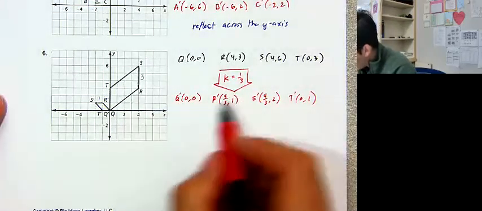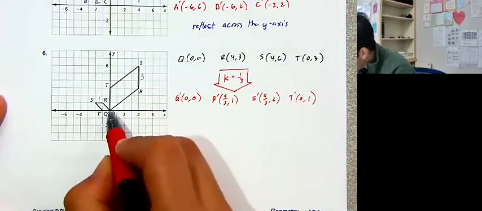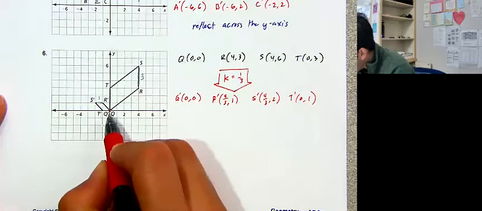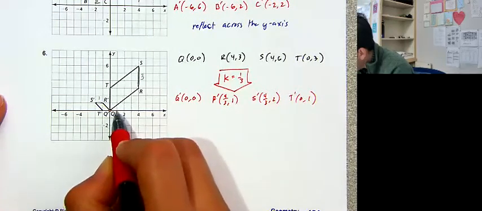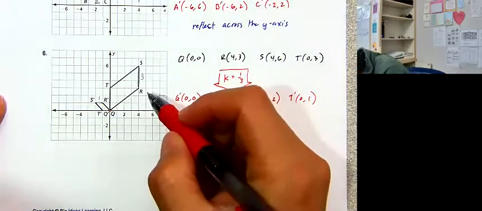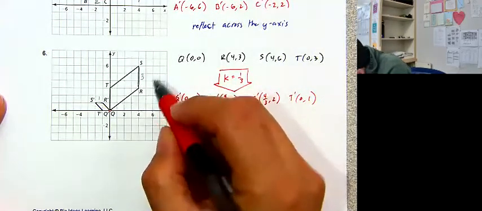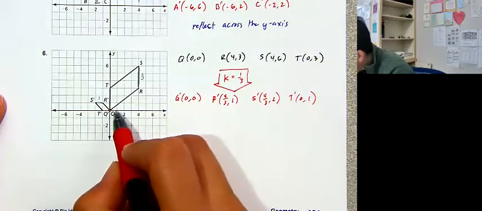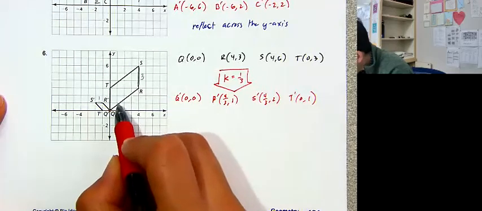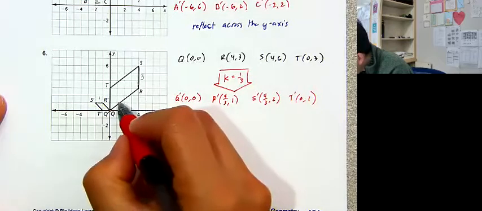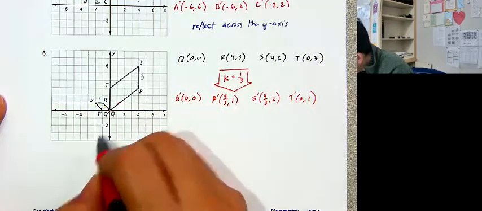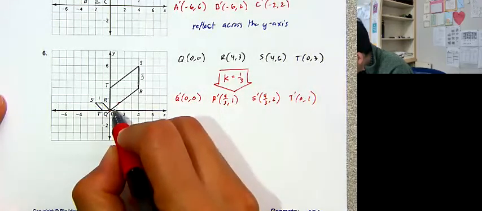All right, let's graph this. 0, 0, 4/3, 1. Four-thirds, 2.